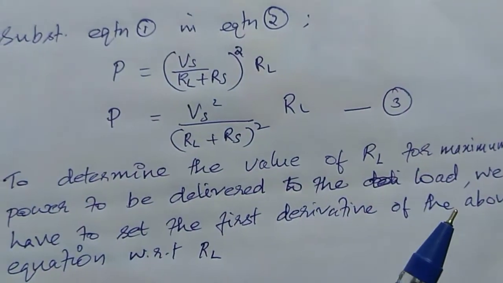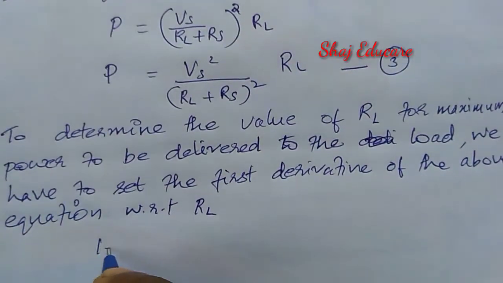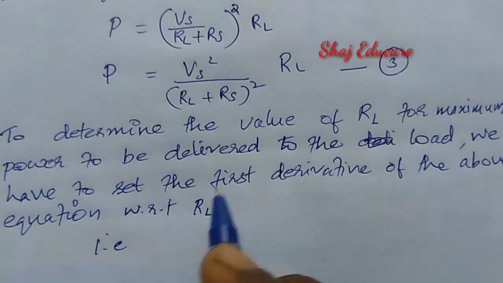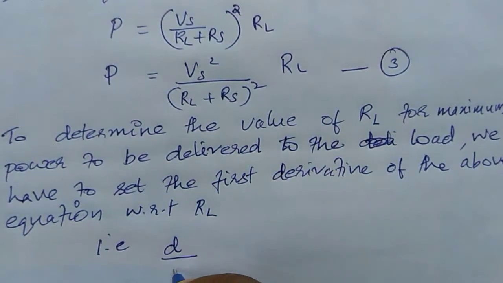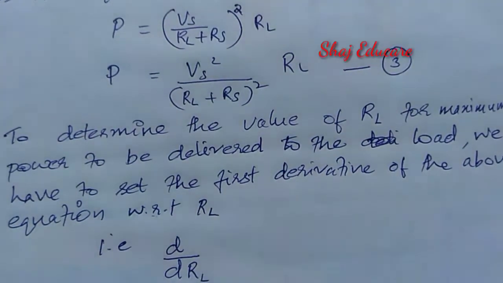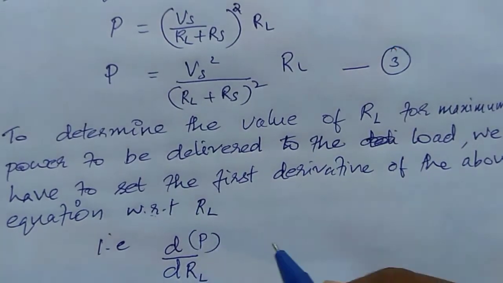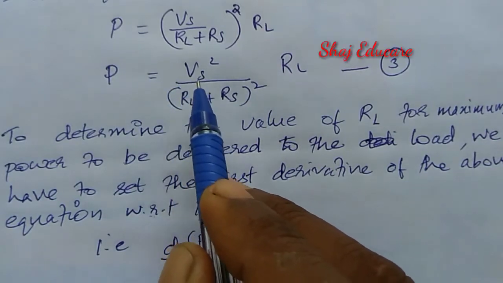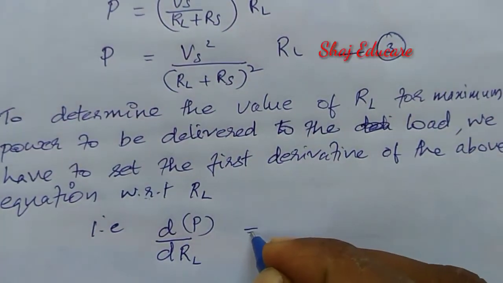That is written here. That means to find the value of RL for maximum power, we have to find the first derivative, d by d RL of power. You have to take the first derivative of this equation number 3 with respect to RL, then equate it to 0.